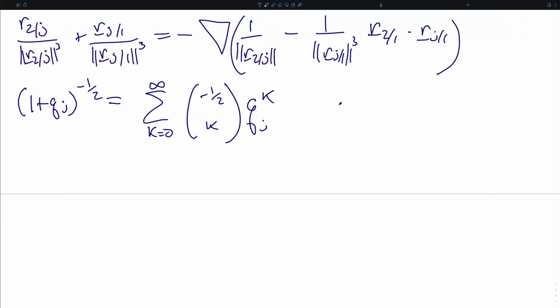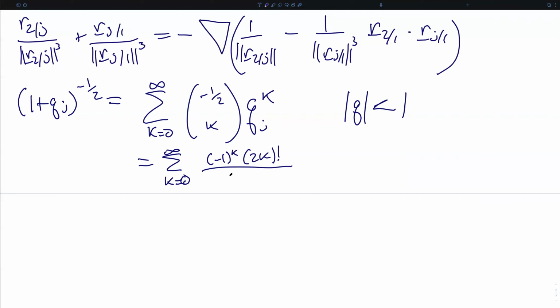Remember, this series is going to be absolutely convergent in the case where the absolute value of q is less than 1. We can further FOIL out the negative 1/2 choose k term, and so this becomes the infinite sum of negative 1 to the k times (2k)! over 2 to the 2k times (k!) quantity squared times q_j to the kth power.